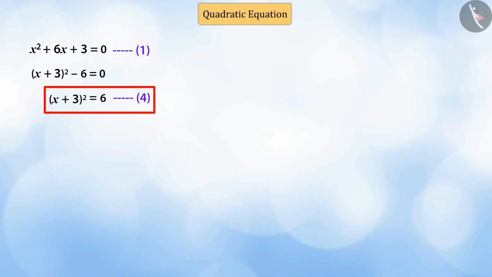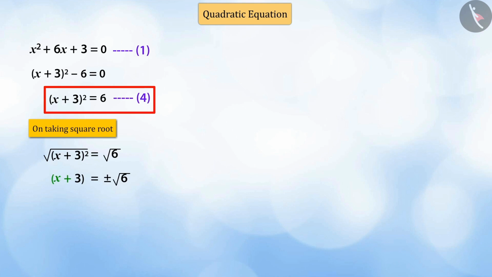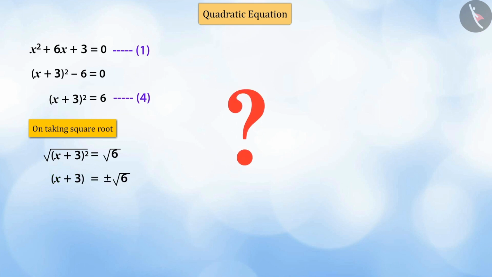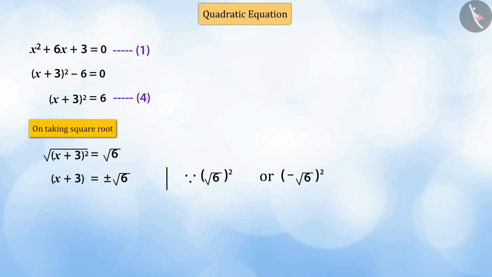Well done! If we take the square roots of both sides of equation 4, we get x plus 3 equal to plus minus root 6. Can you tell me why we didn't just consider positive root 6? That's because the square of both positive root 6 and negative root 6 is 6.